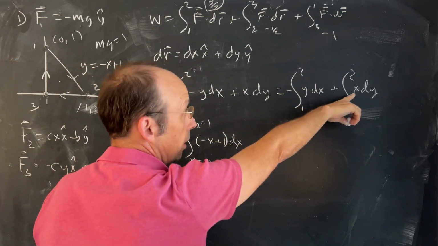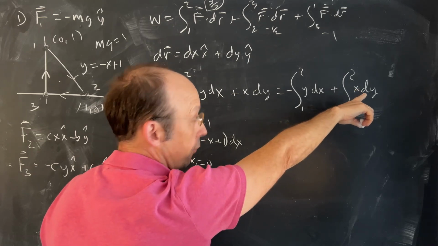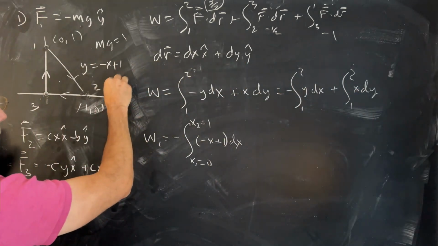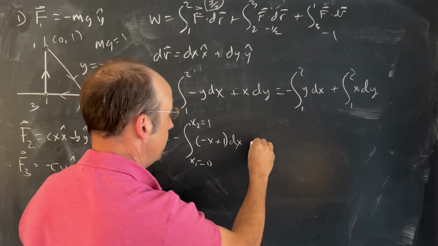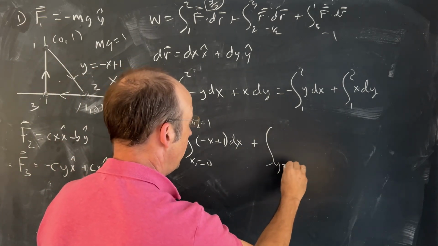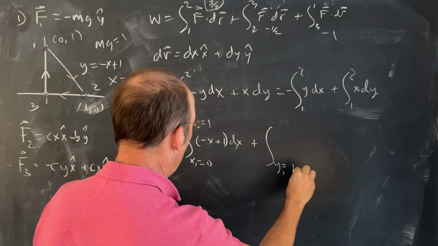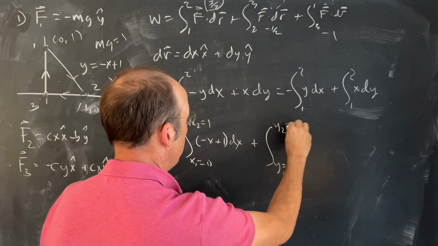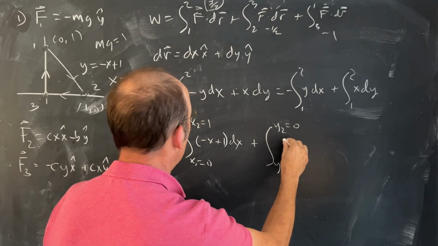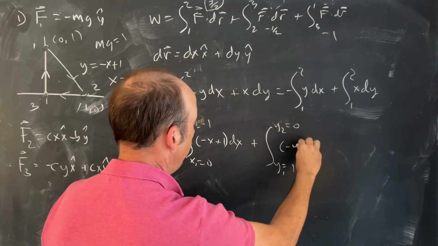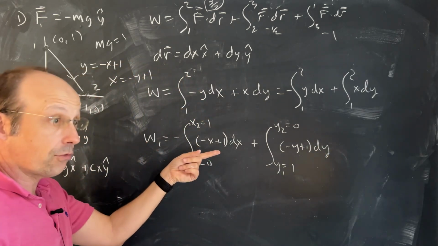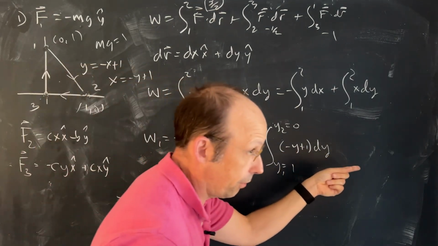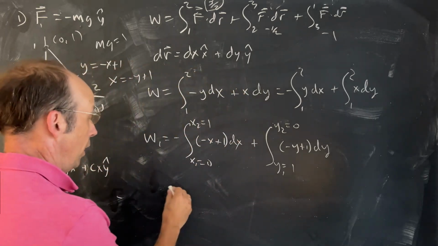In this integral, I can substitute in my value for x. So x is going to be equal to negative y plus 1. If I put that in, I get plus the integral from y1 equals 1 to y2 equals 0 of negative y plus 1 dy. So now I have an integral that only depends on x and an integral that only depends on y. I can actually evaluate those integrals.